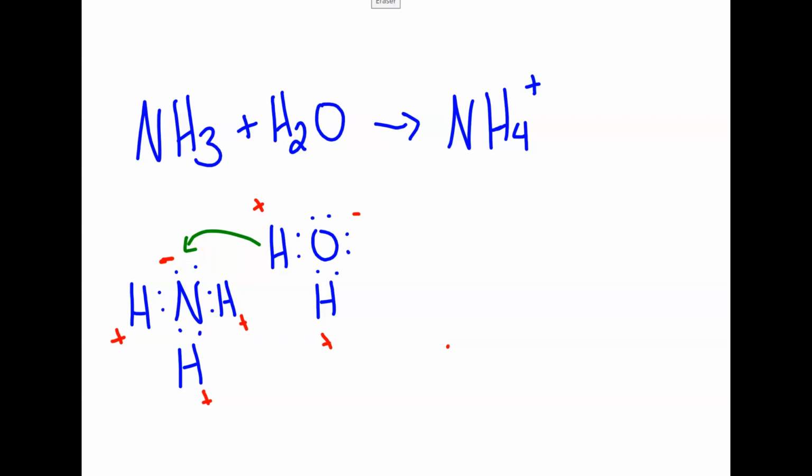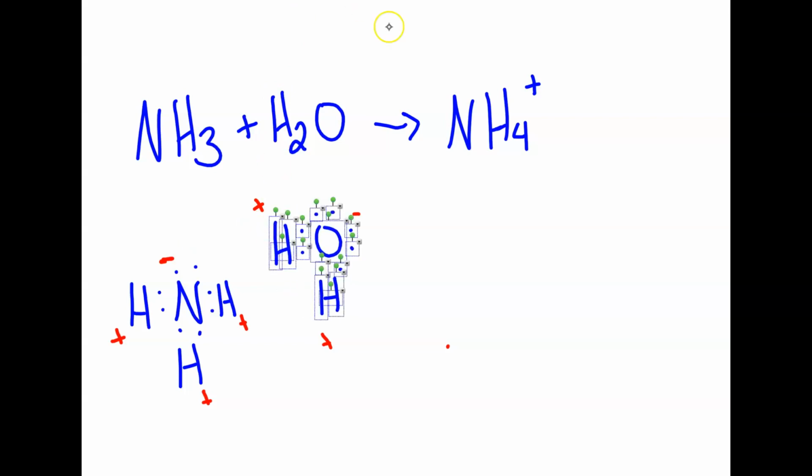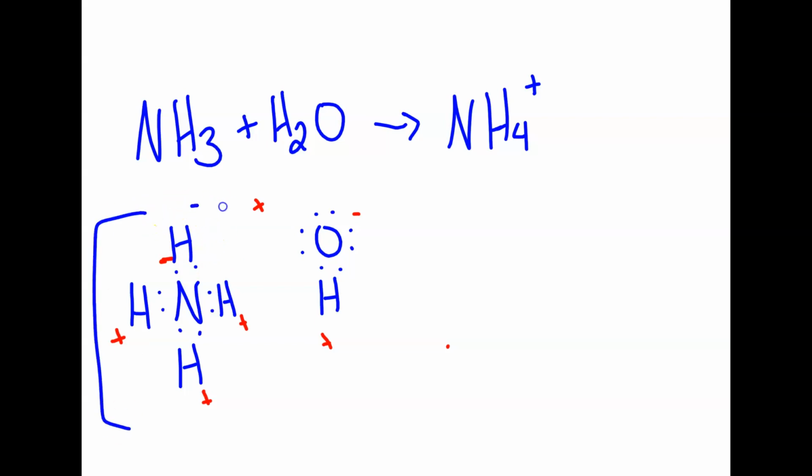So when that happens, I'm going to go ahead and draw that. I'm going to take this hydrogen and move it over. Let's see, oh no, it's all together. So I need to erase that guy. All right, and I'm going to go ahead and redraw that same hydrogen here. And now I have an ion.